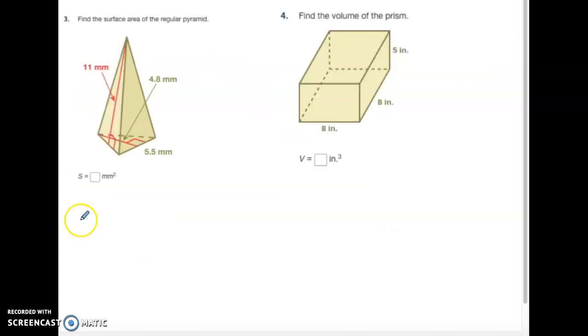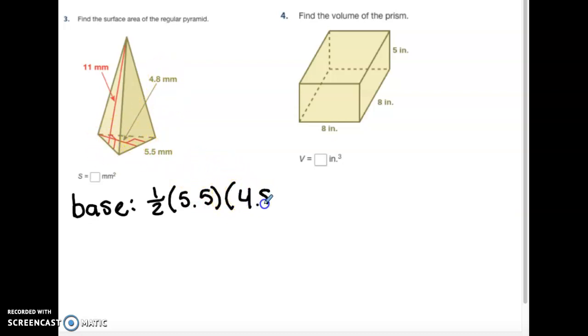Number 3, find the surface area of the regular pyramid. So very similar, I'm going to start with the base, except this time our base is a triangle. So it's going to be 1/2 base times height, and look at the height of the base right here is 4.8. And the base is 13.2. And then we have 3 sides in a triangular pyramid.